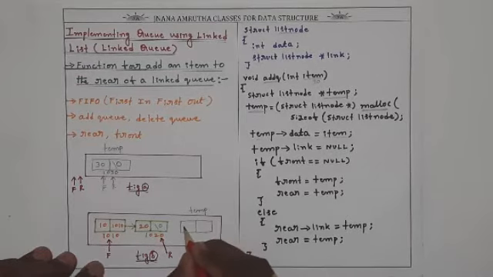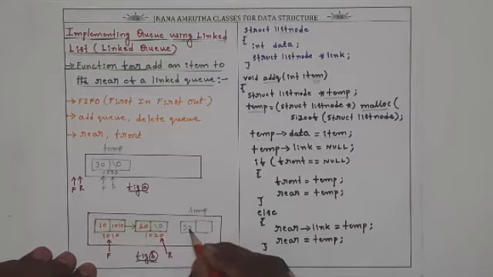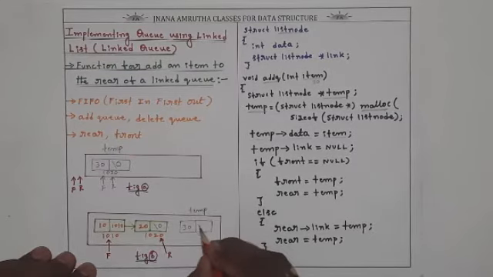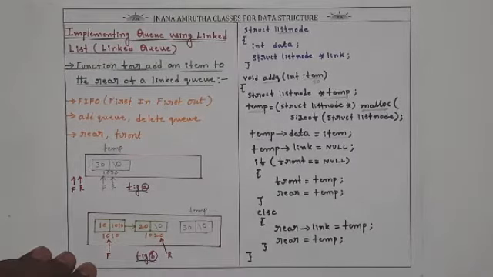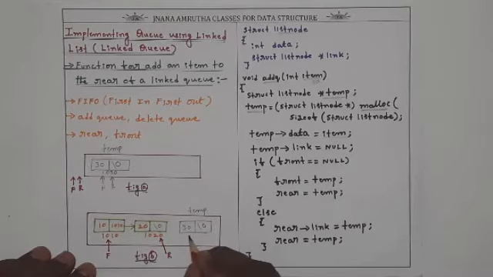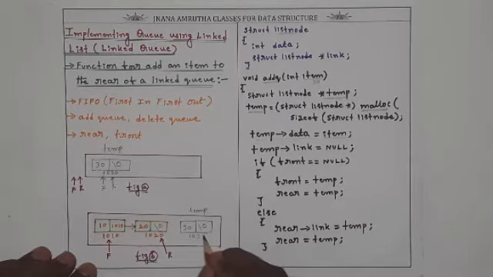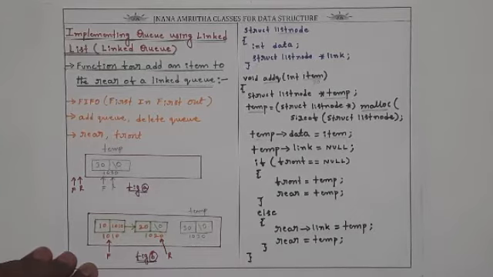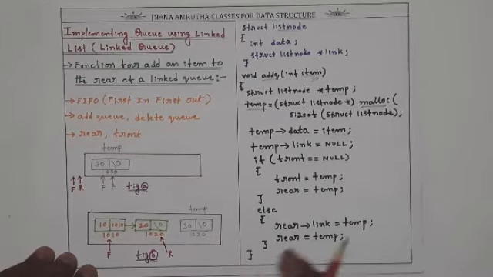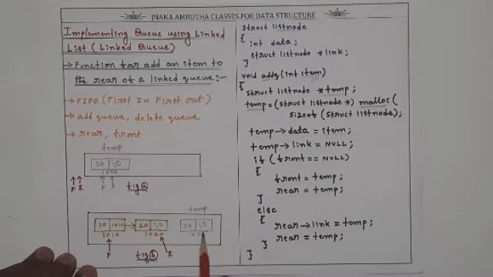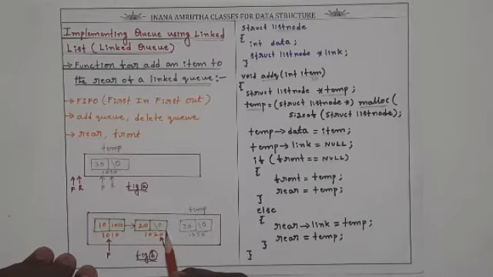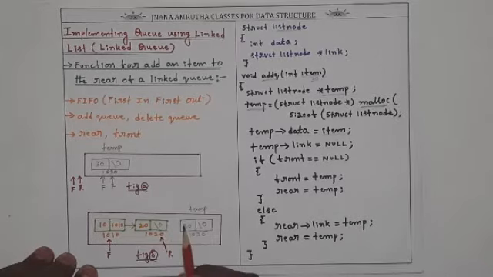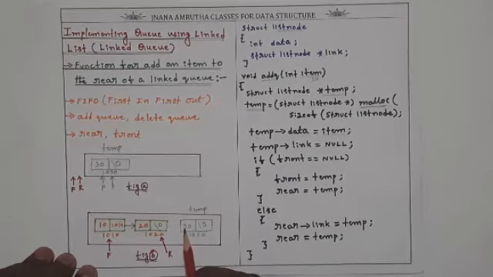Here we place the data, for example 30, so temp of data is 30 and temp of link equal to null, that is \0, and consider its address is 1030. We have created one node and placed the data and link field. Next we need to establish the connection from here to here.